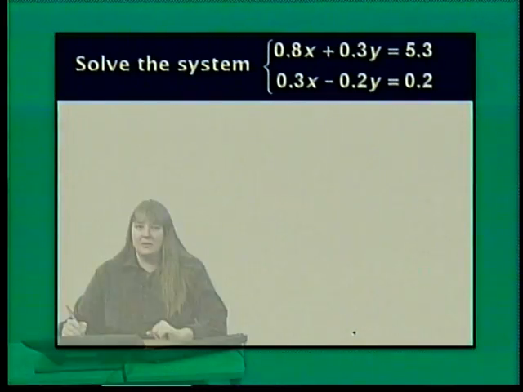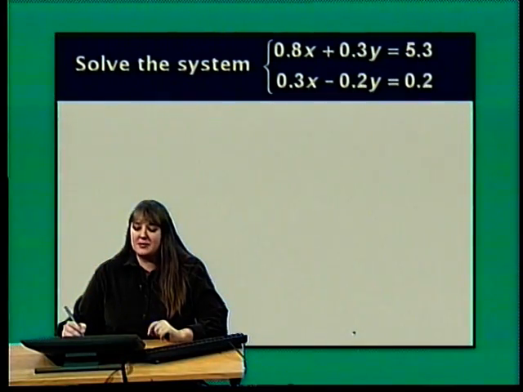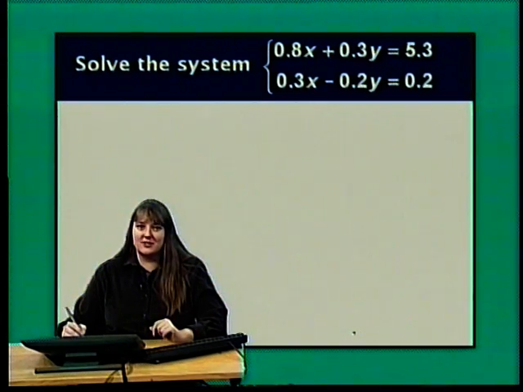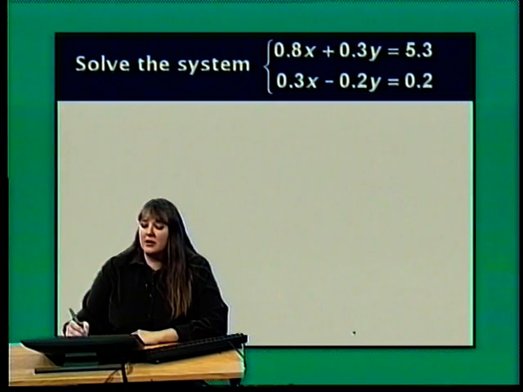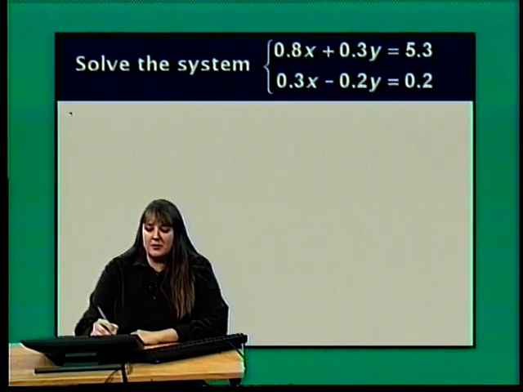So now let's look at one last example. Let's solve the system 0.8x plus 0.3y equals 5.3, and 0.3x minus 0.2y equals 0.2. I see all kinds of decimals in the system, so the first thing I'm going to do is clear the decimals from the equations. Looking at the first equation, I could multiply both sides of this equation by 10 to eliminate the decimals.